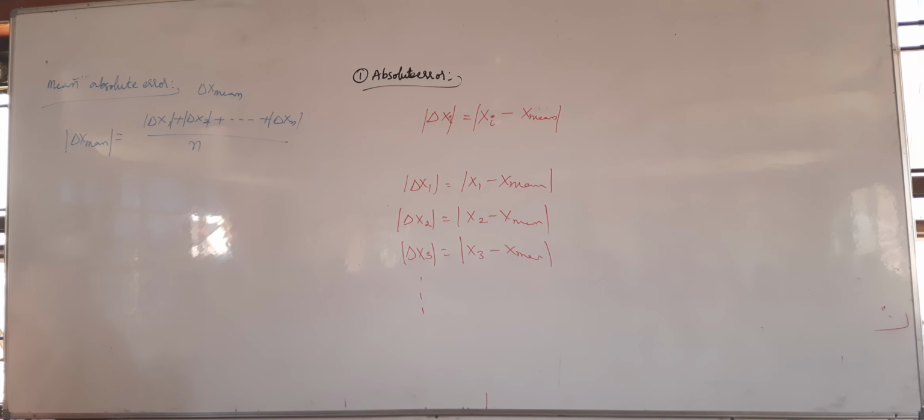Write the formula for delta x mean. From here all are very, very important concepts. A compulsory error question will be there. So that is about the mean absolute error.